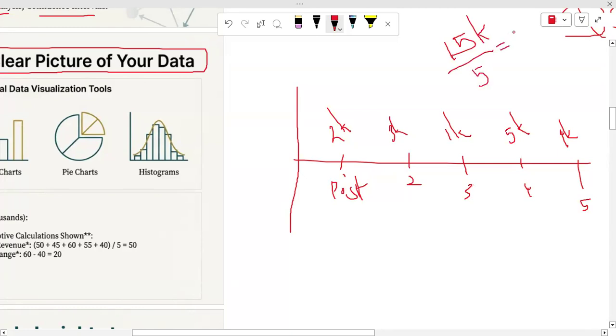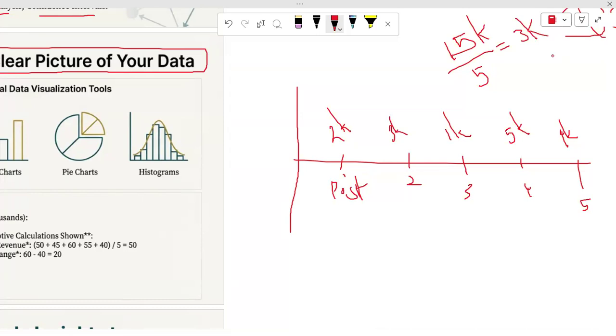On average, you receive 3K. So you can say if I post on Instagram or Facebook, I receive 3K on average. This is central tendency.